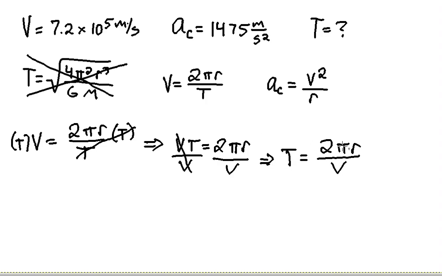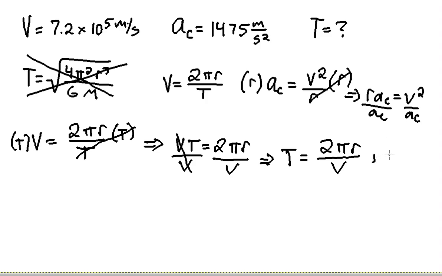We have v, we know 2 and pi, but we don't have r. However, we do have an equation with r, and that equation contains two things that we know. So let's solve for r in this equation first. So r times a_c equals v squared. Now I can divide by a_c on both sides, and that gives me what r is equal to: v squared over a_c.